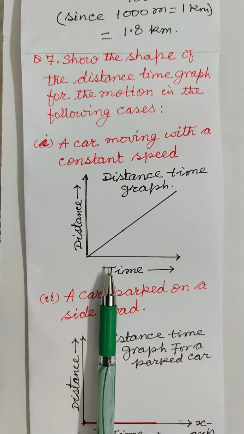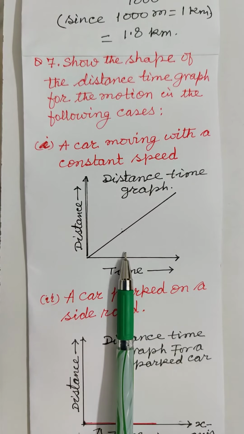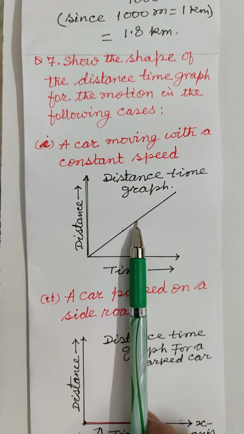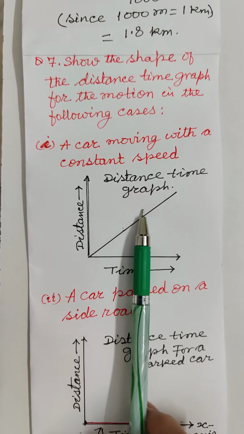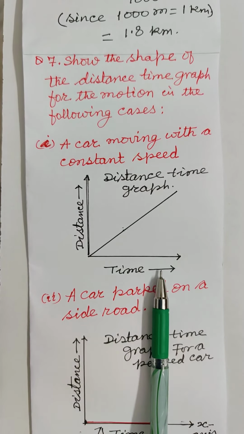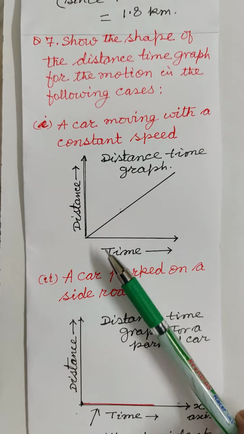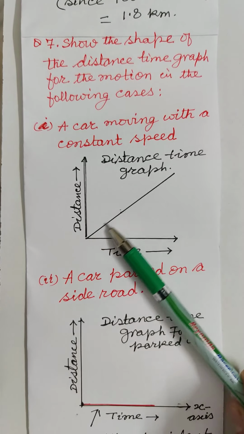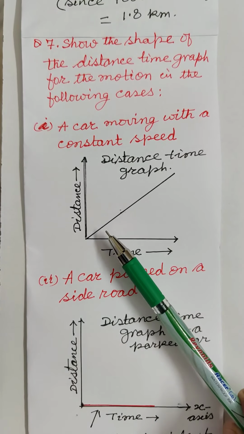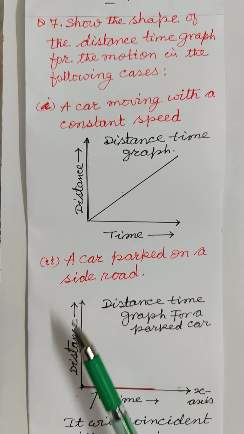It means that speed is constant. Time and distance are in the same ratio. So this way the graph will pass through the origin and will be a straight line as it is.